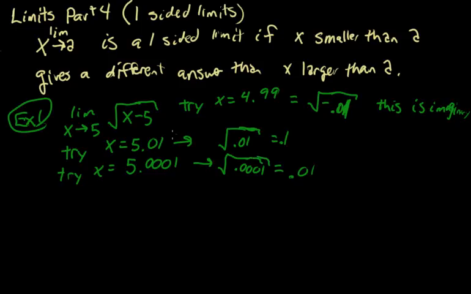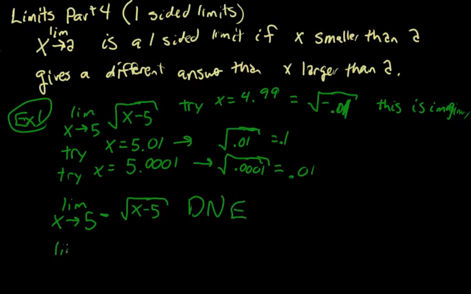So we have 2 different limits here. We'll say that the limit as x approaches 5 from the left, we put a minus sign to show that it's approaching from the left, of the square root of x minus 5 does not exist.